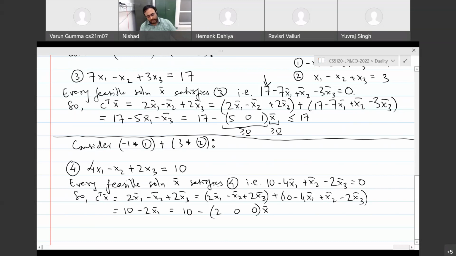Right? And as in the previous case, this is non-negative, this is non-negative, and therefore this is at most 10. So now we actually proved an upper bound of 10 on the value of any feasible solution. Right? Any questions or concerns?